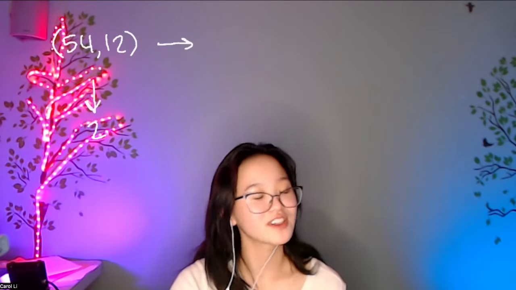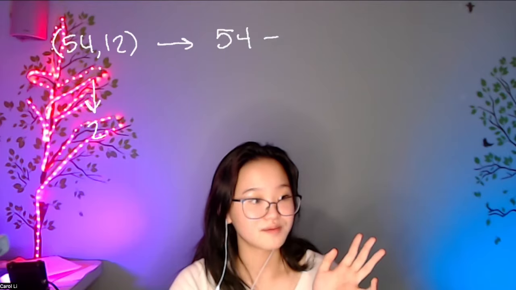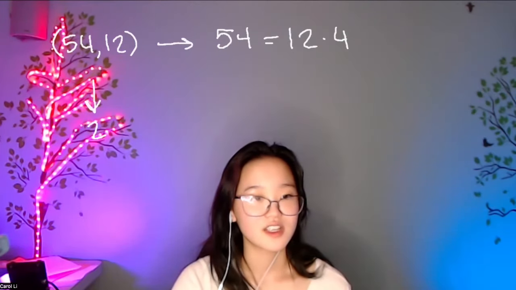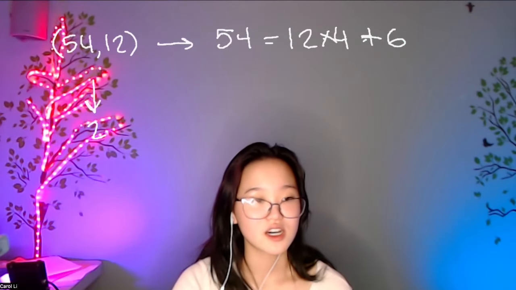I think we figured out that the remainder is 2. So let's first write out the Euclidean algorithm. 54 divided by 12: the quotient is 4 and the remainder is 6.